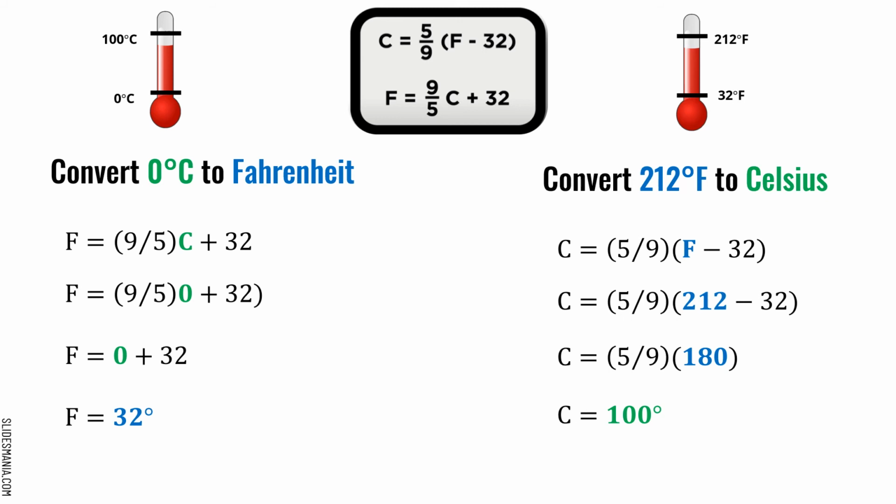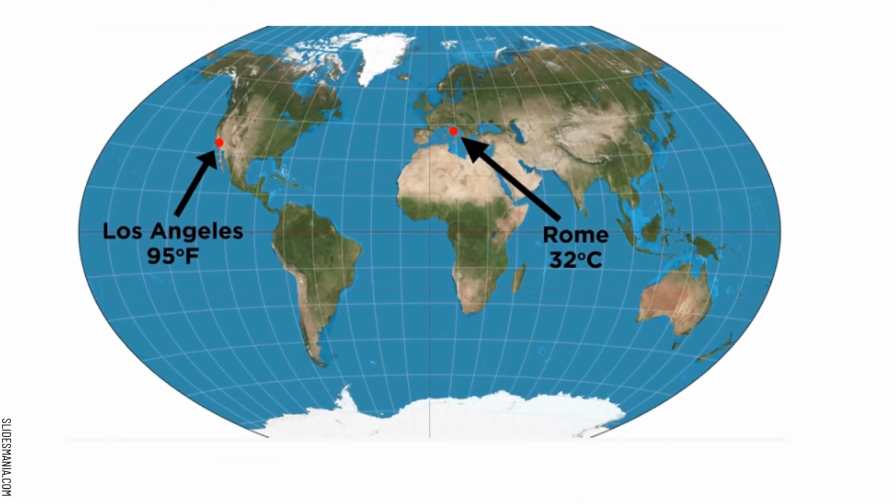Let's have another example, this time as a word problem: which is hotter, Los Angeles having 95 degrees Fahrenheit or Rome having 32 degrees Celsius?